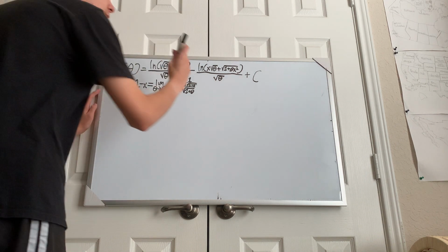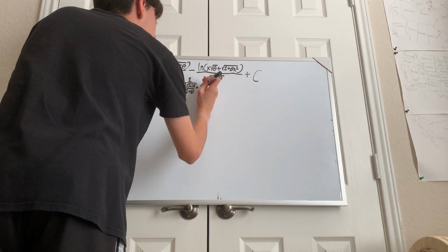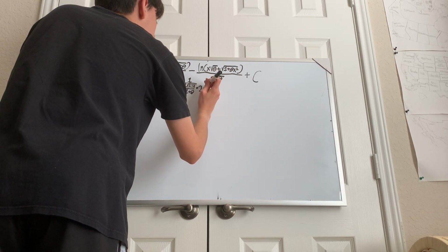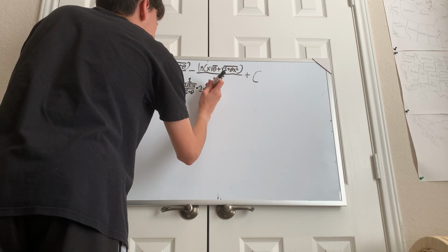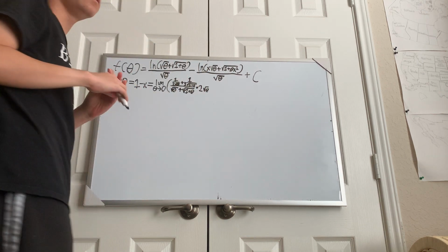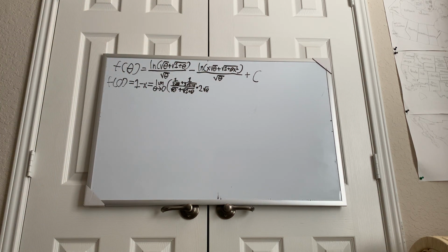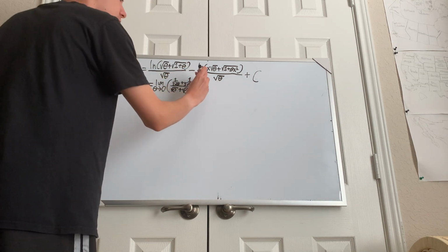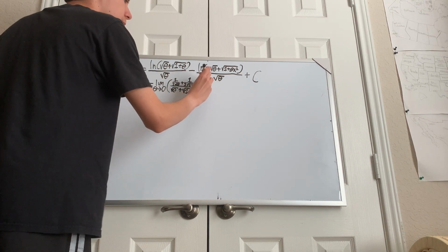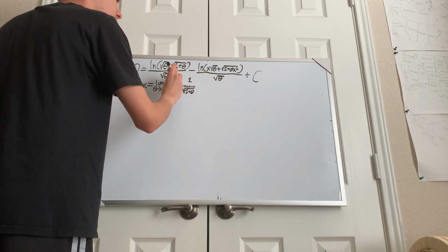Dividing by that, we get times 2 square root theta. And before we move on to this next term, we can simplify this by multiplying the numerator by 2 square root theta.